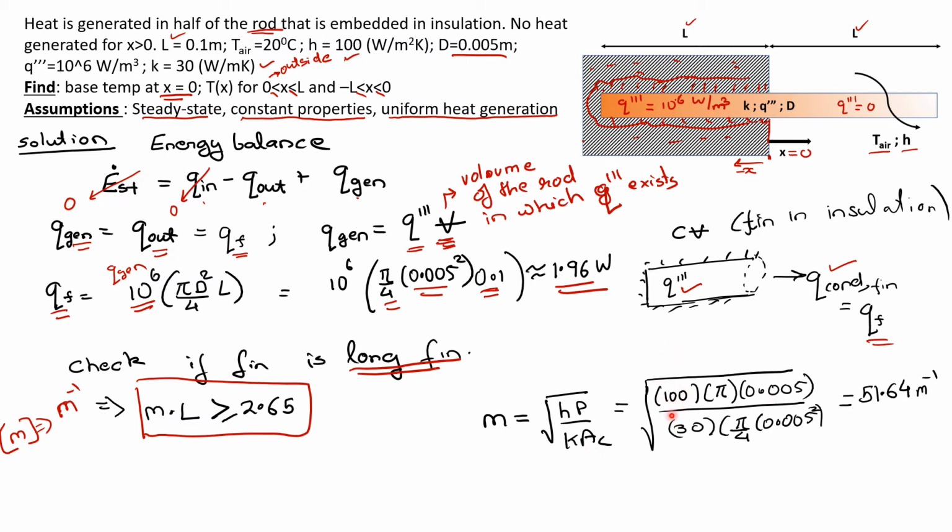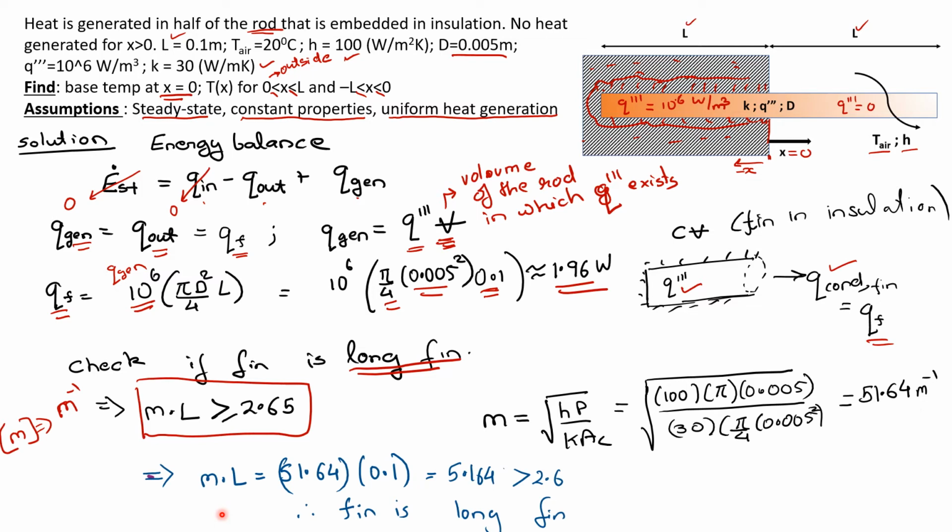Okay, we put in the values. Our h is 100, pi times d, which is our perimeter, which is pi times 0.005, divided by our thermal conductivity, which is 30, multiplied by our area, which is pi by 4 into d square. Okay, and our diameter is 0.005. So this gives us the fin parameter as 51.64 meter inverse.